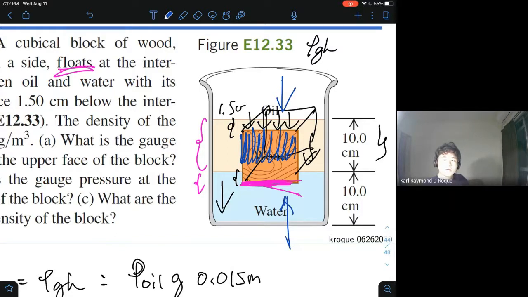So kung nilulubog mo siya, nasa baba siya, ang tendency parati ng buoyant force is to keep it away from the fluid, no? Kaya siya pataas. That's the definition of buoyant force. Okay? All right.